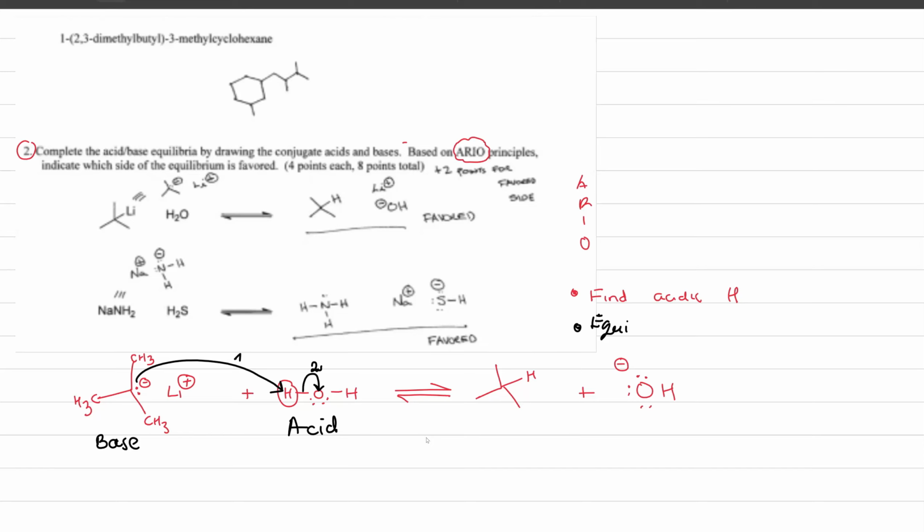The rule is equilibrium always lies on the side of the weak acid, weak base. Okay. You're still going to use ARIO to decide, because I think you're not going to be given the pKa numbers.